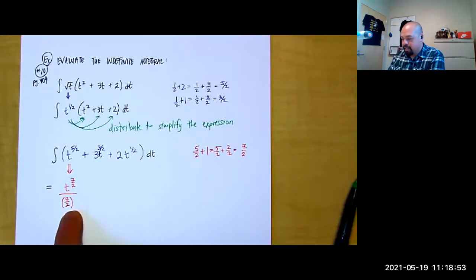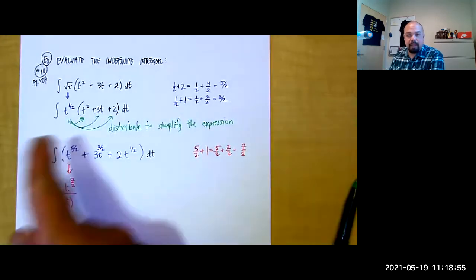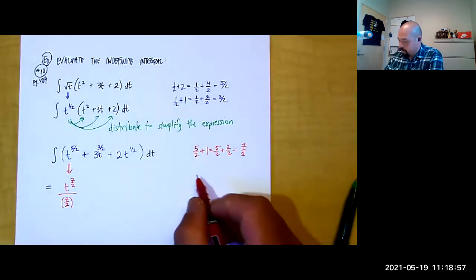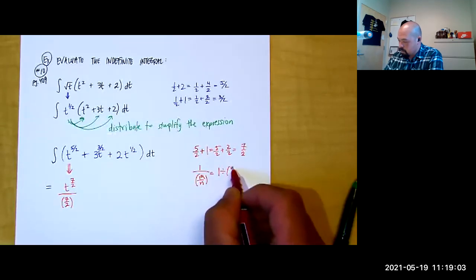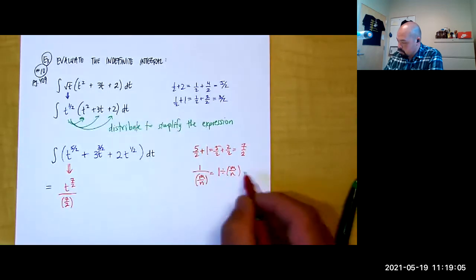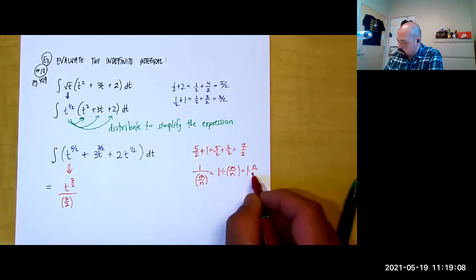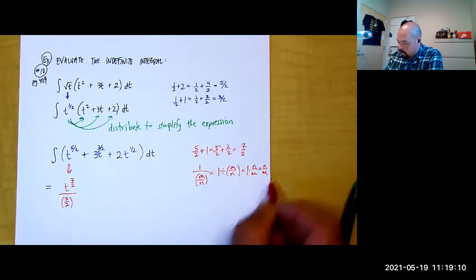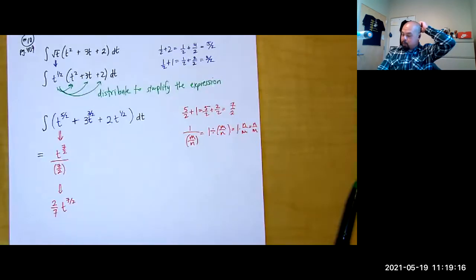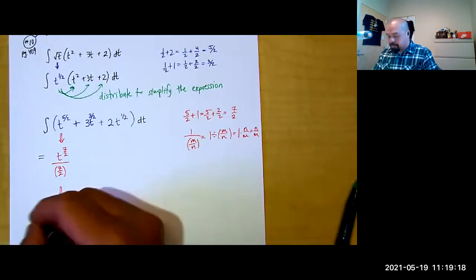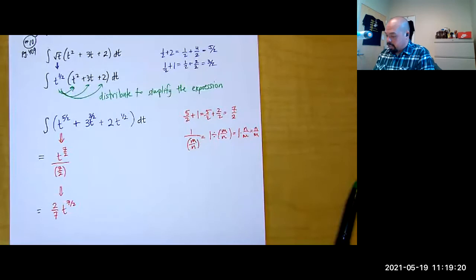When we divide by a fraction, same thing as multiplying by the reciprocal, right? So in this case, this becomes 2/7 t to the 7 halves, and we can simplify as we go along, okay? But let's look at this next one.